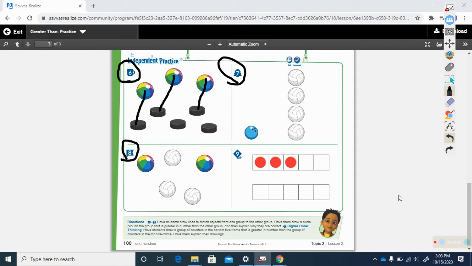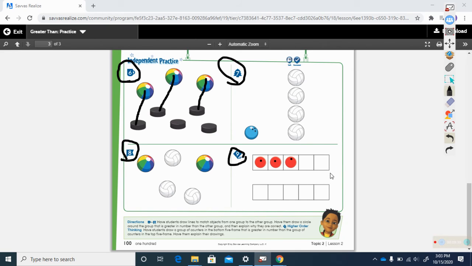Okay, pause the video until you're caught up and you're ready to do number 9, because number 9 is a little different, so I have to tell you how to do it. For number 9, you have 3 red counters in your 5 frame up here.